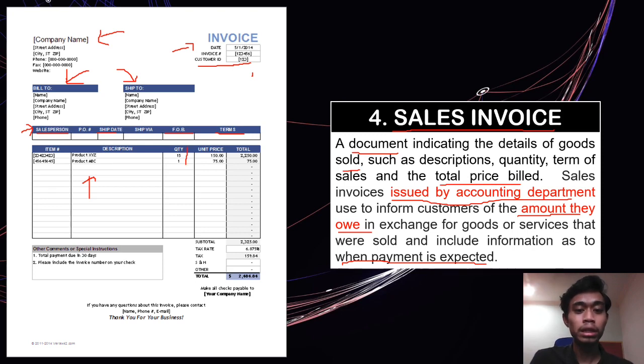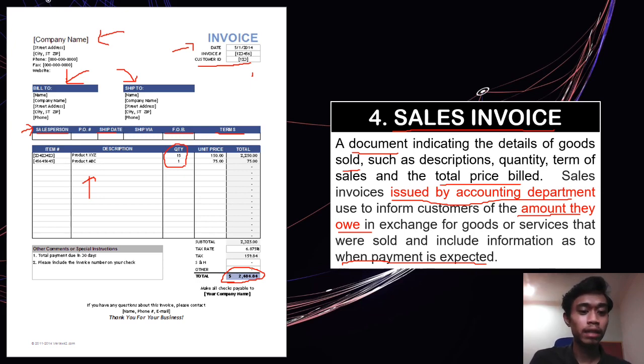Quantity is how much the company has delivered to the customer. Then we have the unit price, which is the price per unit of the product, and the total. This is the amount the customer owes the company.